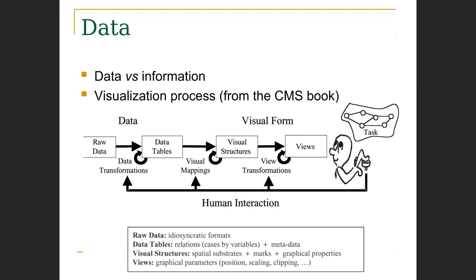After these data tables, they get visually encoded, which is chapter 3 in the textbook, more on the visual encoding. And then we come up with some sort of views, and those views can be manipulated.